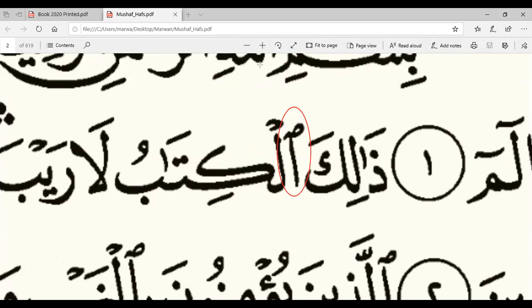What this does is it bridges what's before it and what's after it, but it acts as if it's not there. So when we are reading, if we see a letter like this, we just jump from the previous letter, ka, to the next letter, which is here the la, but with sukun.